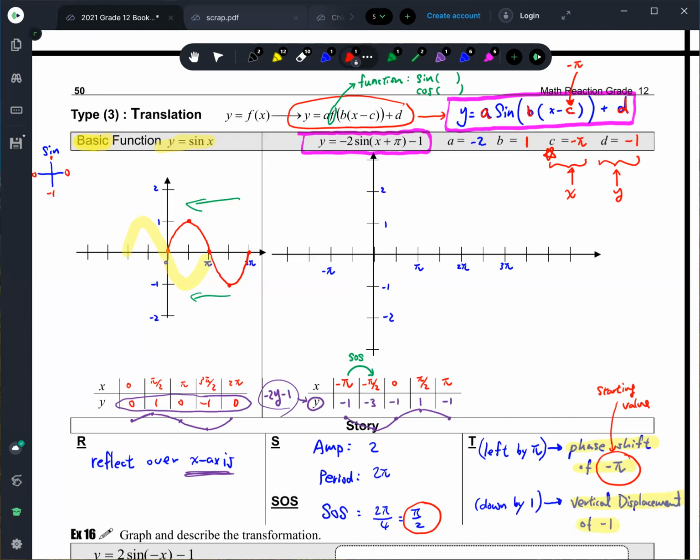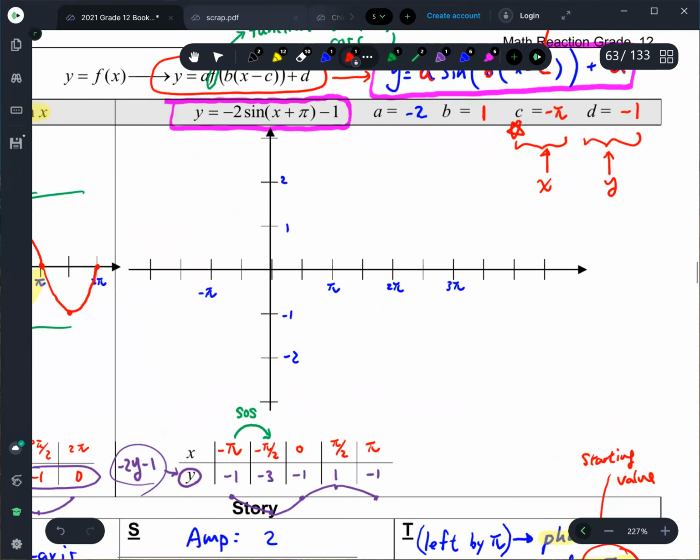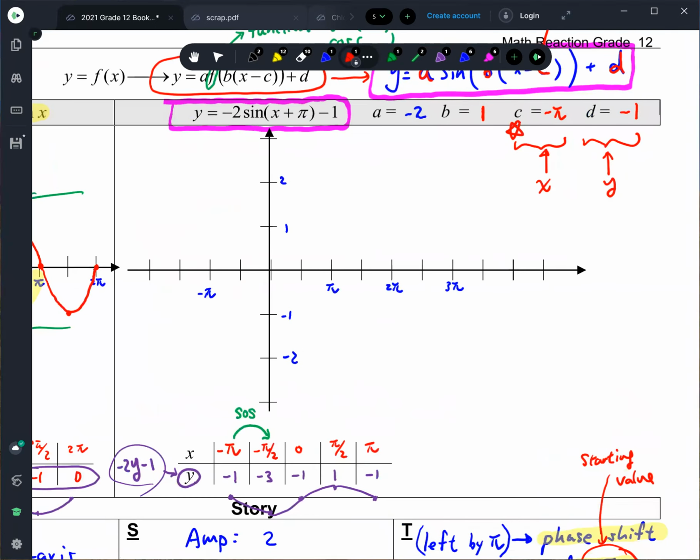Okay, Angela, can you plot the 5 points for us on the screen? Wait, sorry, I'm not sure how to draw on the screen. Have you done that before? First time? I think I was on my iPad, so I don't know how to do it on a laptop. On a laptop, you use the mouse to draw.